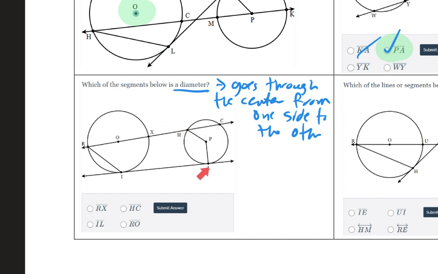So this one right here goes there, but it's not straight through. This one goes from one side to the other, but not straight through. So this one right over here is the diameter. It goes from one side to the other. So that one is R to X. That's why that's our correct answer, RX.